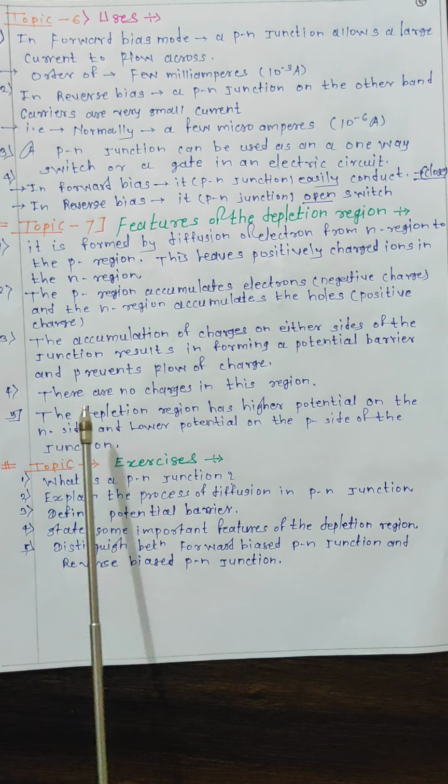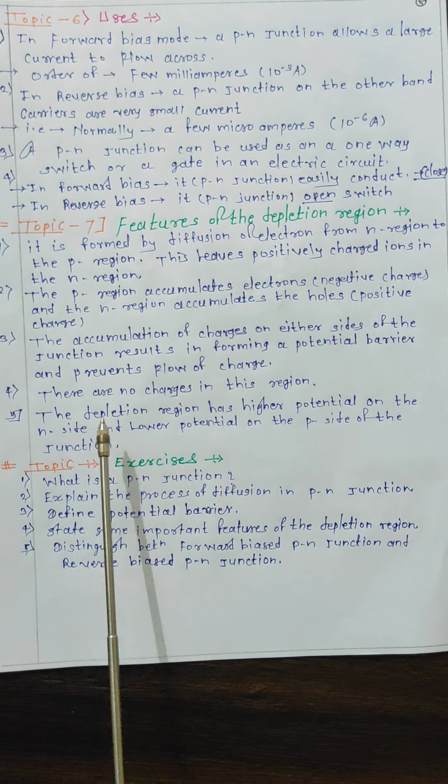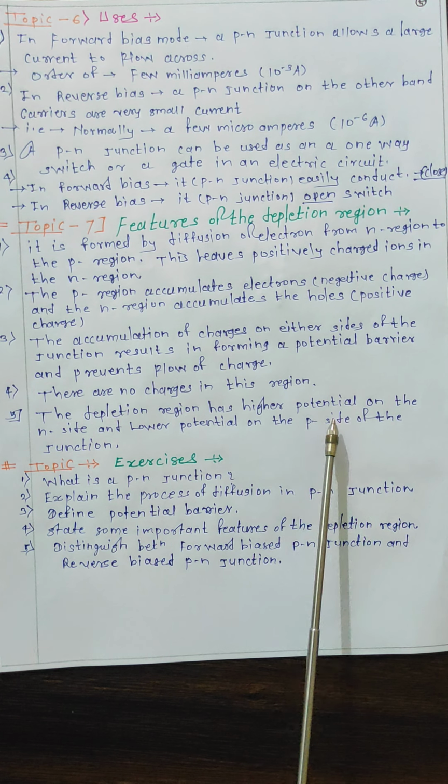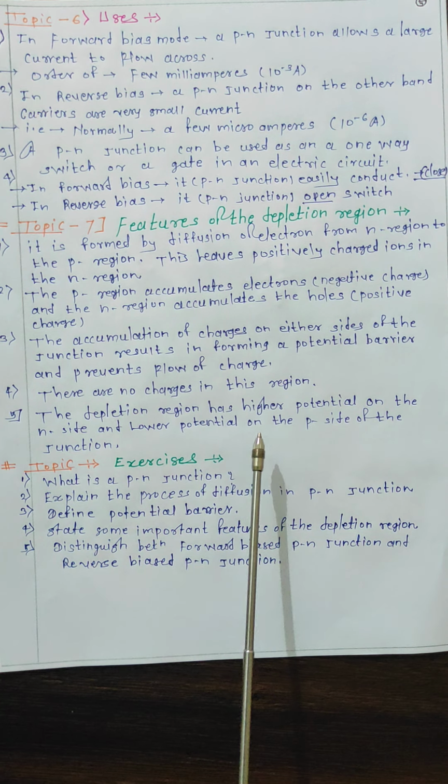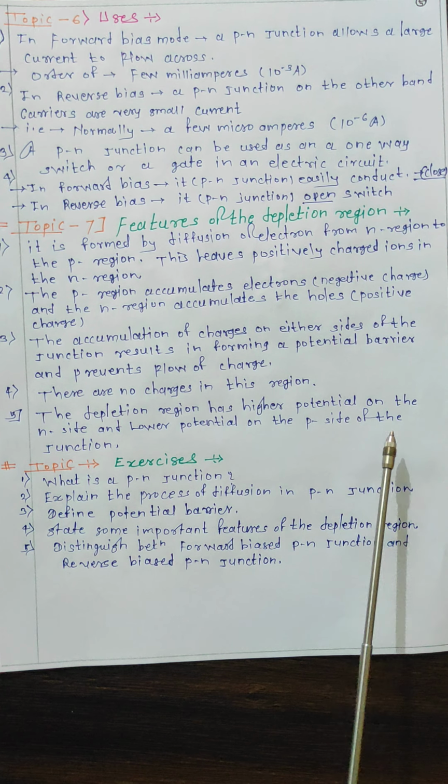And the last one: the depletion region has higher potential on the N side and lower potential on the P side of the junction.